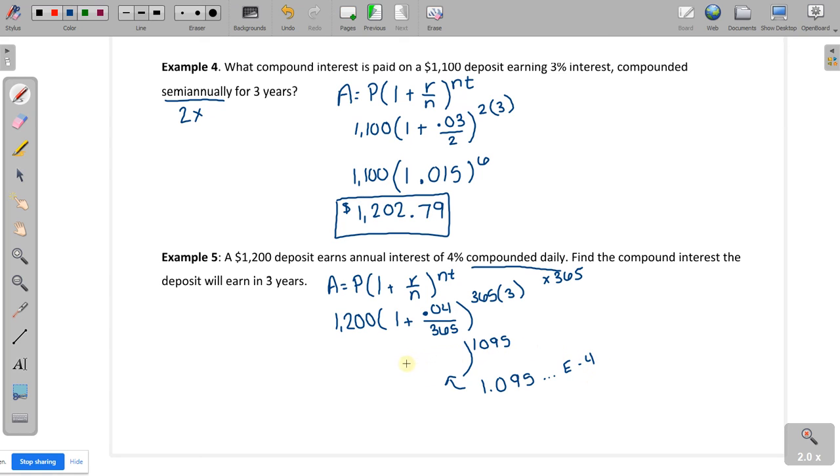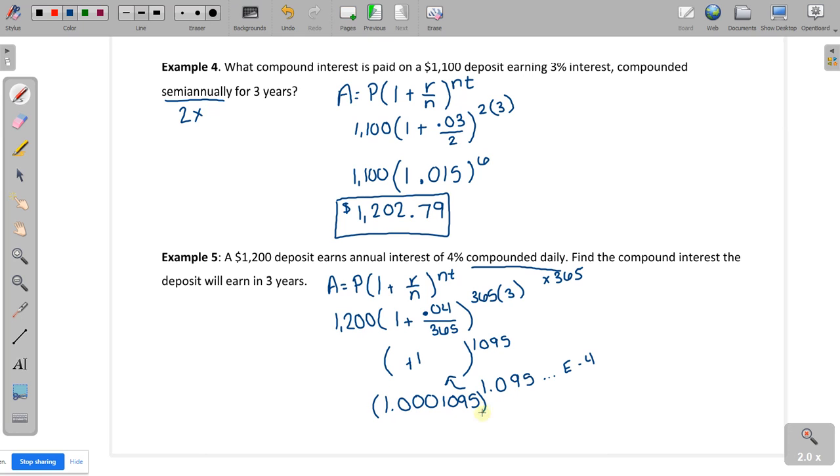So we're just going to leave our calculator as is. And we're going to hit plus 1. So now, when we do that, we are going to get 1.0001095.